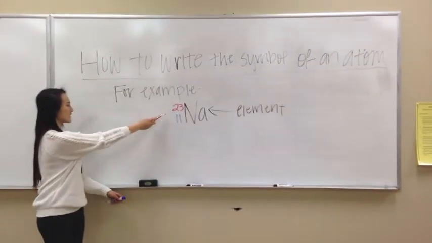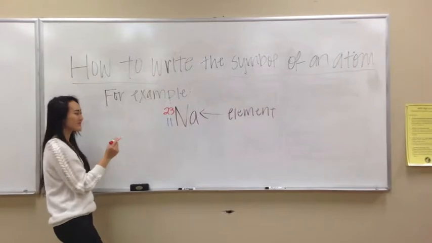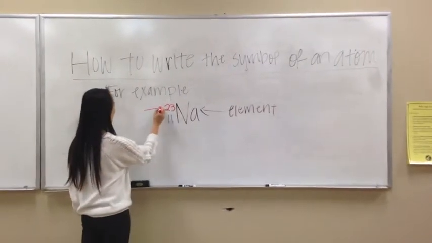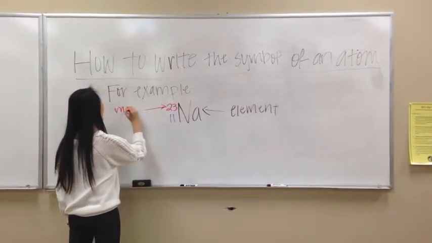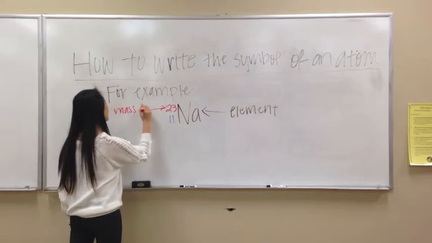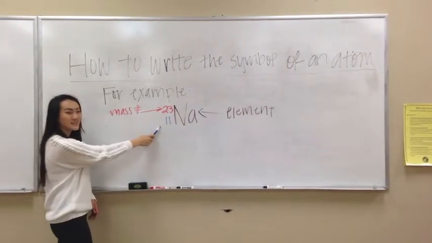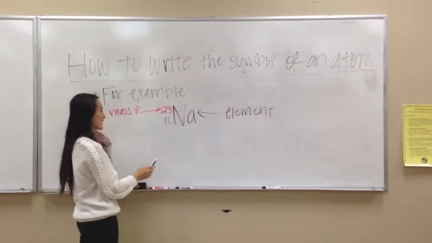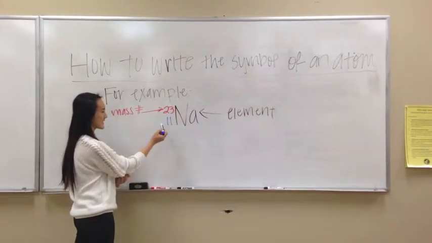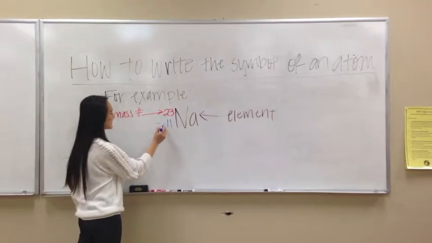And the number 23 over here is the mass number. And the number 11 here is the atomic number, which is the number of protons.